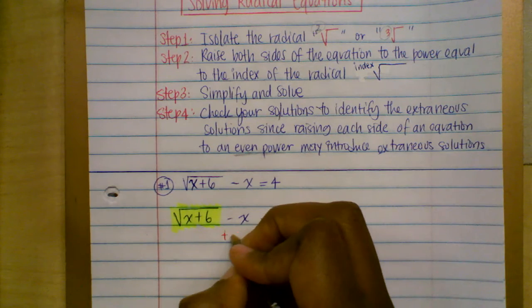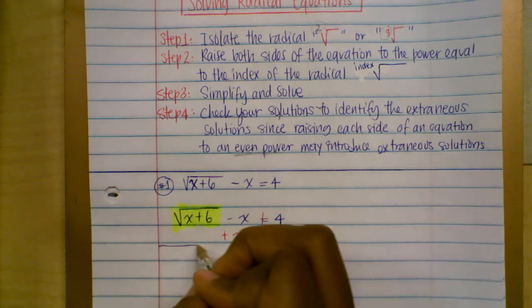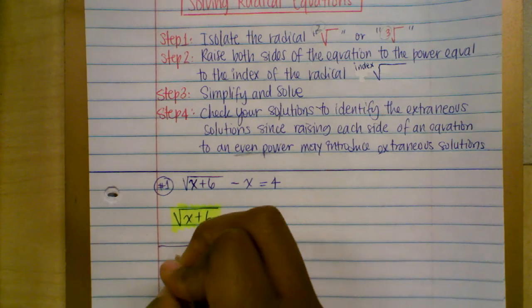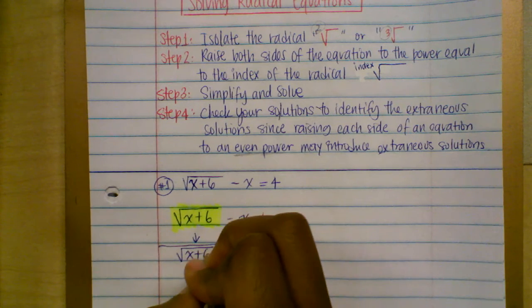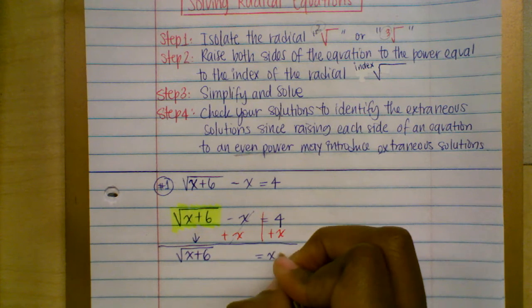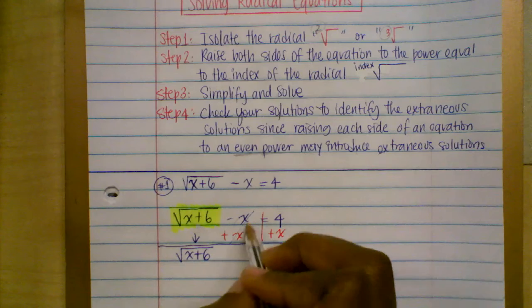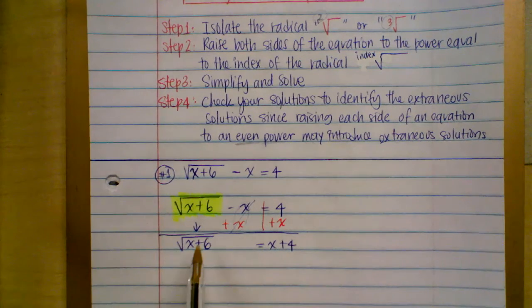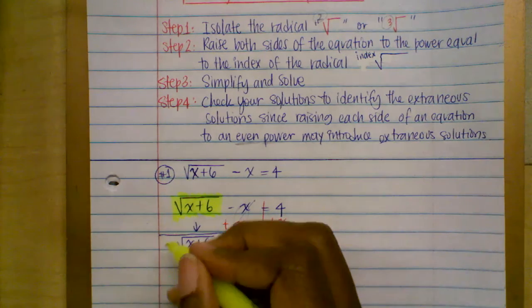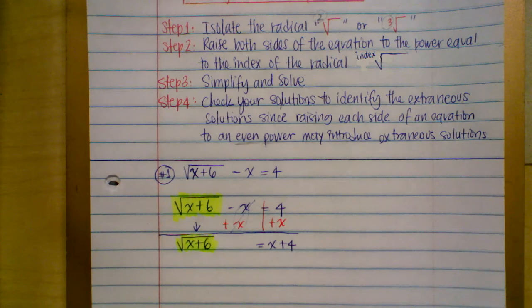So you're going to add x on both sides. Then you end up with square root of x plus 6 is equal to, this cancels out to 0, equal to x plus 4. Now we isolated the square root as we desired, as step 1 requested.